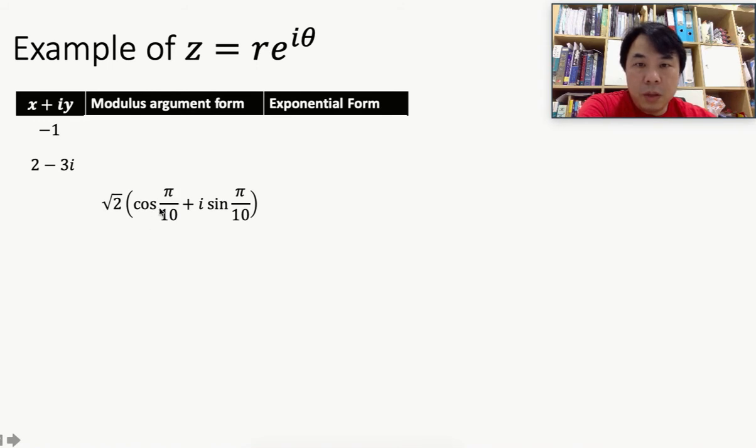So for this, if you want to represent it in its exponential form, it will be very direct. So you can basically just write this as root 2 is still a root 2. Now the only difference is you have to turn it into exponential. That will be I pi over 10. And then we are done.